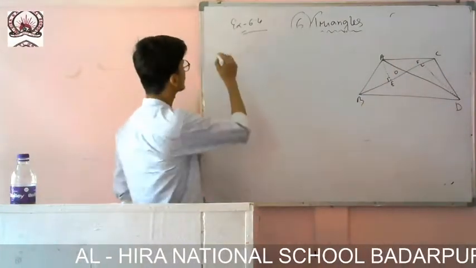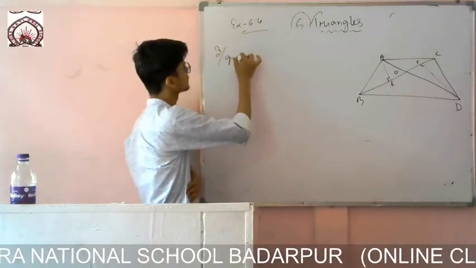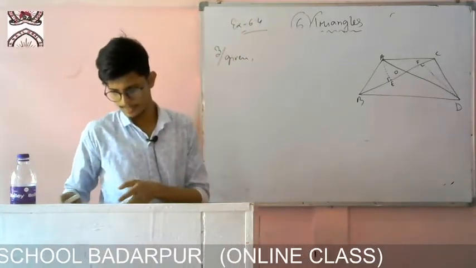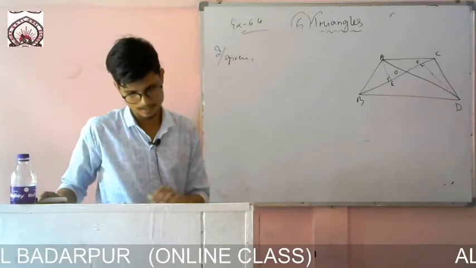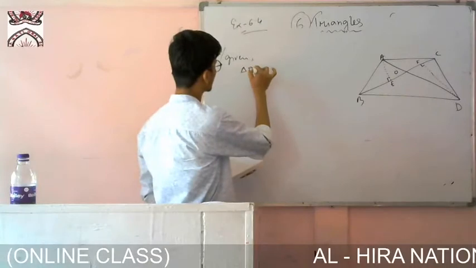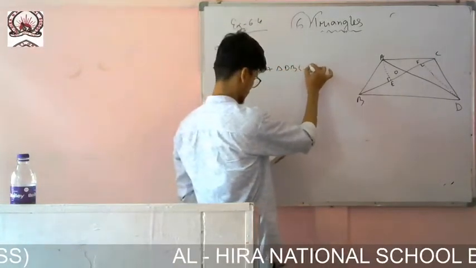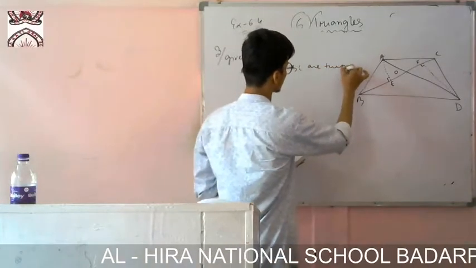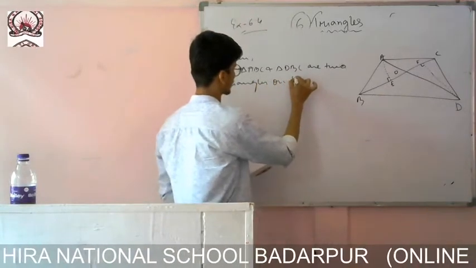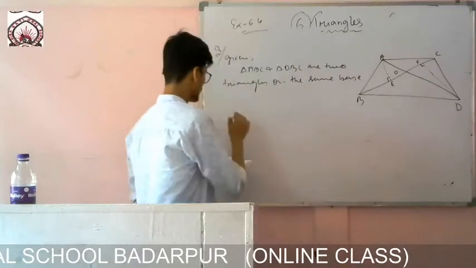So you write given. What is question number 3? Given triangle ABC and triangle DBC are two triangles on the same base BC.